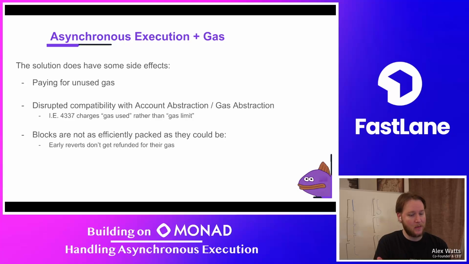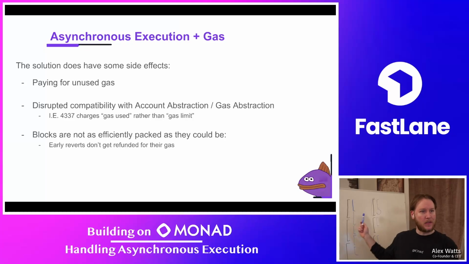One of the main things that we found it disrupted was account abstraction, such as ERC or EIP 4337. The reason why this is disrupted is because 4337, if you look at the actual contracts, will look and see how much gas someone used. When they are reimbursing the person that was sponsoring this gas for the actual user, in order to have a good one-click UX using gas abstraction, they look at the gas used.